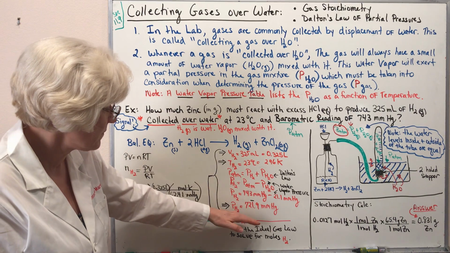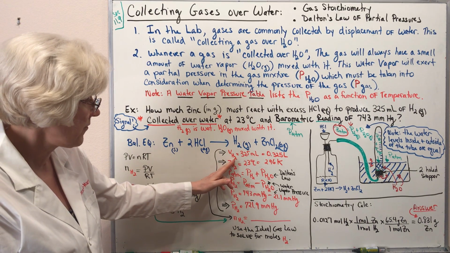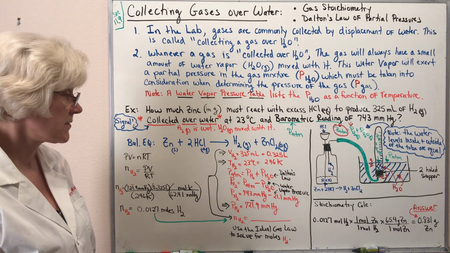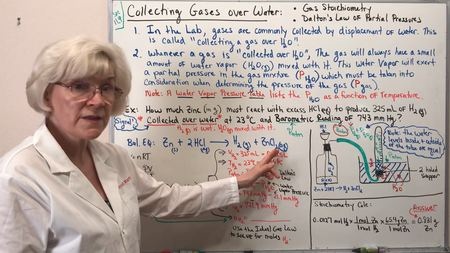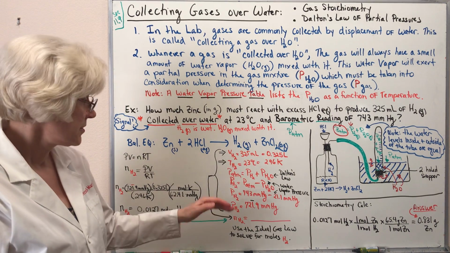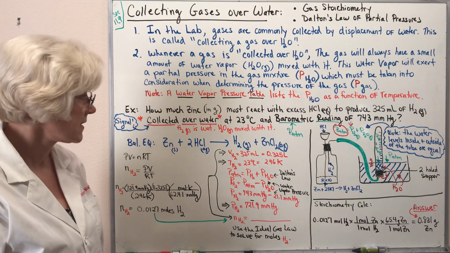You see that I've labeled the data here. We have our volume of hydrogen gas at 325 milliliters. So I'm going to convert that into liters because I'm lining myself up to do an ideal gas law calculation.